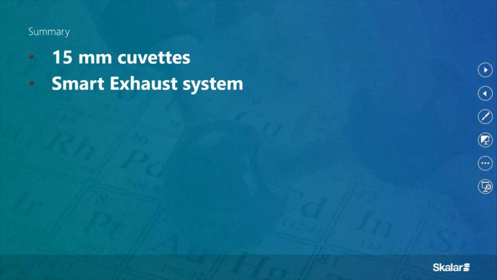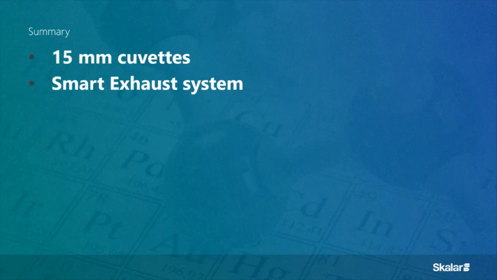And this elimination of contamination is further enhanced by our overpressure exhaust system, which eliminates the effect of adjacent samples, or the effect these can have on one another, as well as removing the effect of the environment around the analyzer and allowing a wide range of samples to be analyzed in a single run or batch.